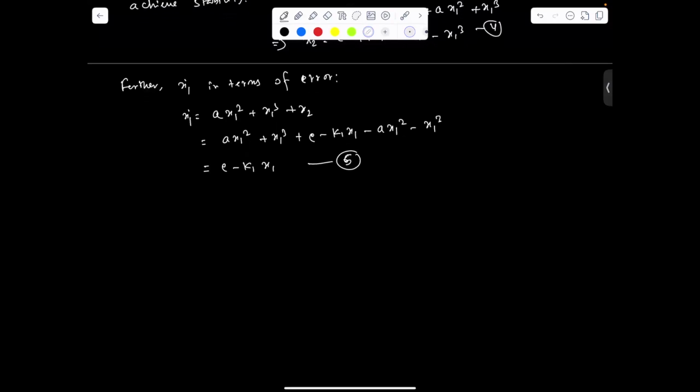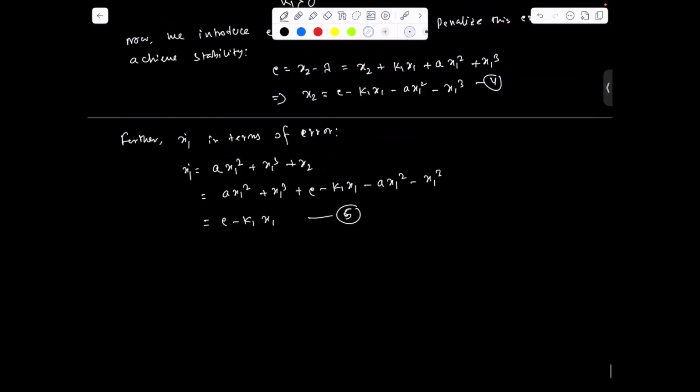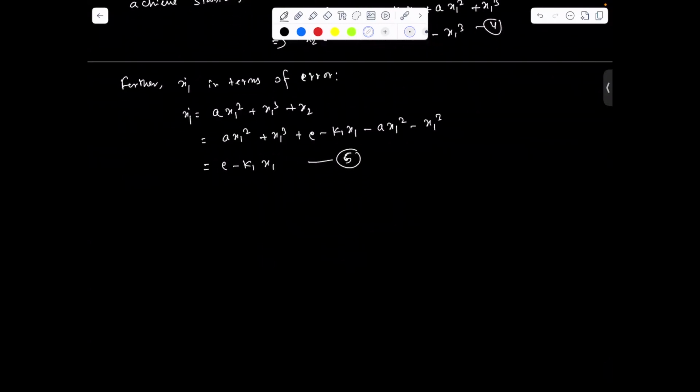Now we also have to find the second error dynamics. So now we have to find the error dynamics e dot in terms of u, what you have done in the earlier lecture.